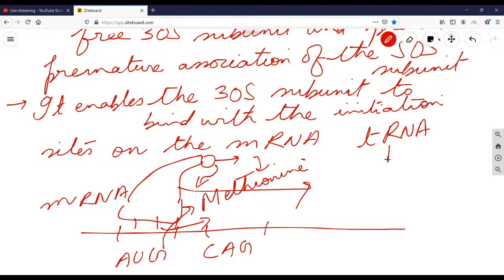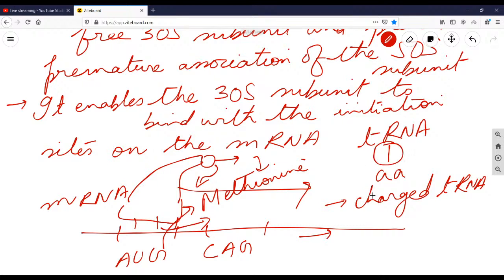Now this tRNA which is charged or associated with an amino acid, it is known as a charged tRNA, or the reaction, this reaction is known as amino acylation, the association of amino acid with tRNA, so it is also known as amino acyl tRNA.